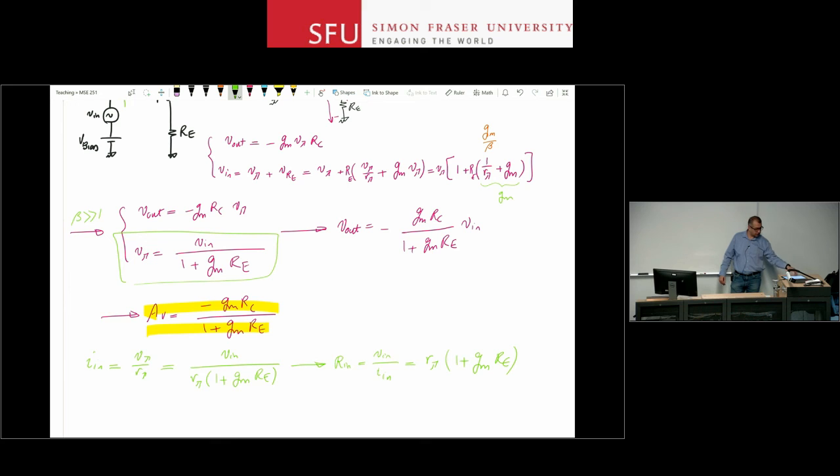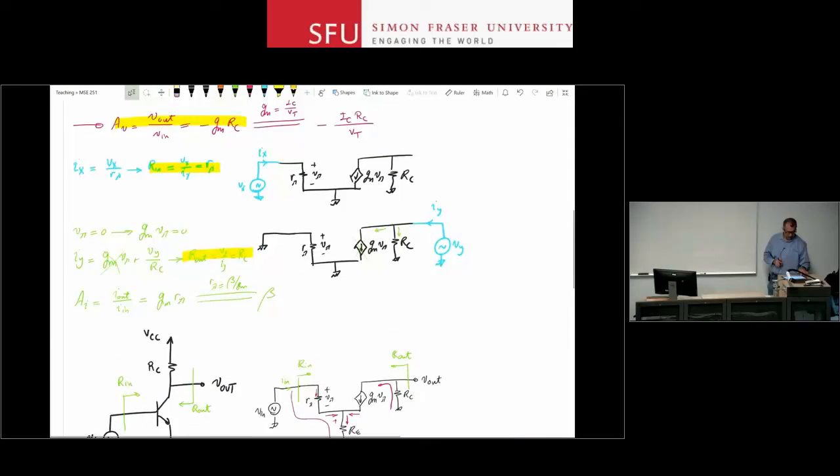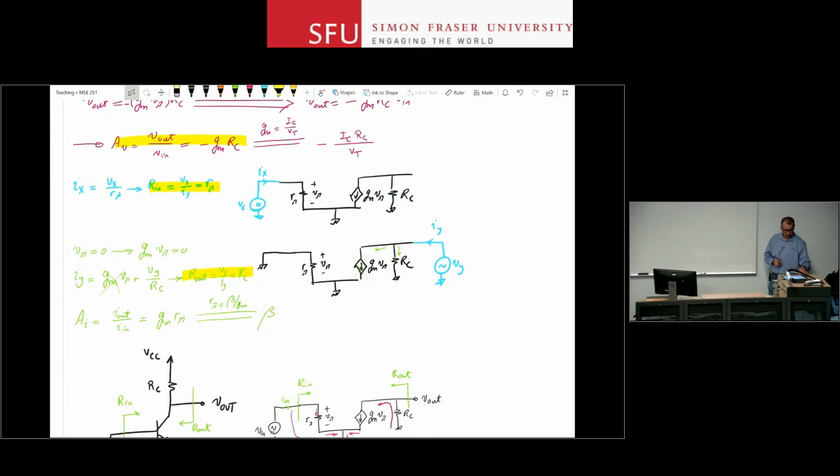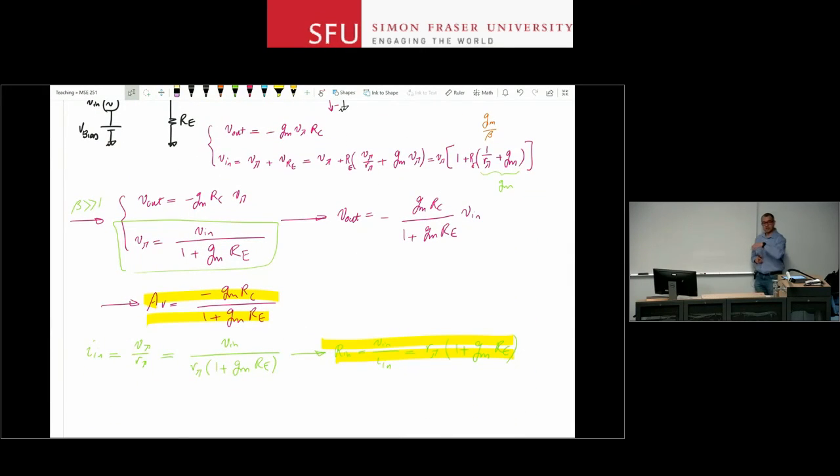But by looking at the expression for R in, I can see that my input resistance has increased by a factor of 1 plus GM RE. The original common emitter stage had an input resistance of just R pi, right? Now it is R pi times 1 plus GM RE. It is that many times larger.